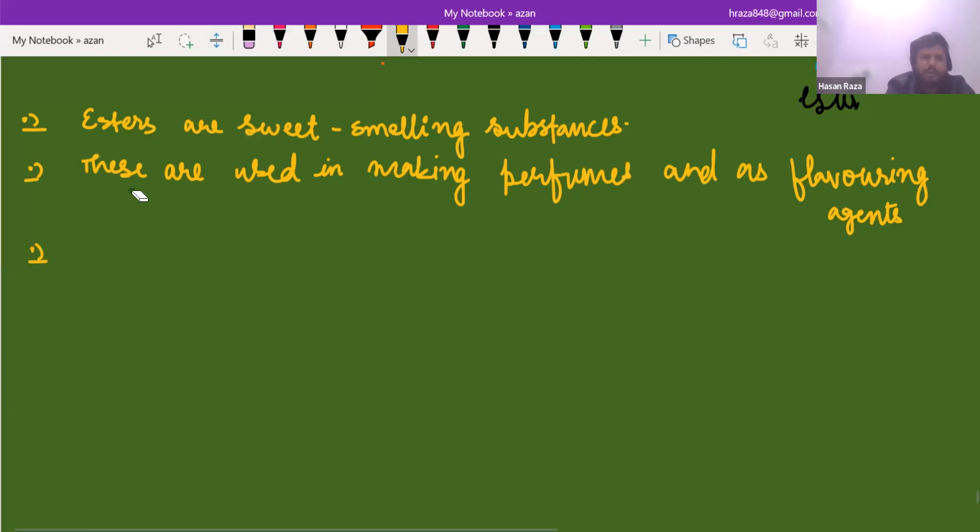Next point, which is very important. And this is a reaction. Basically, when you are going to treat this ester with sodium hydroxide, you will get an alcohol and a carboxylic acid salt.